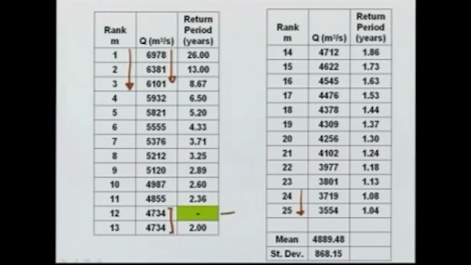So, the first value is not assigned any return period. This return period, in this case n is 25, because we have 25 years of data. So, the return period would be n plus 1 divided by m, or in this case 26 divided by m. So, for the first it will be 26 divided by 1, 26 divided by 2, and so on.